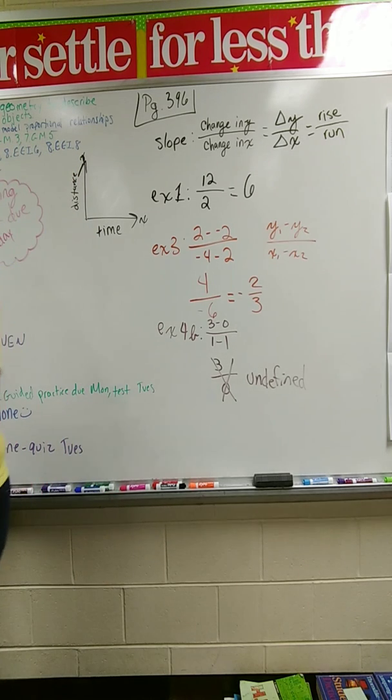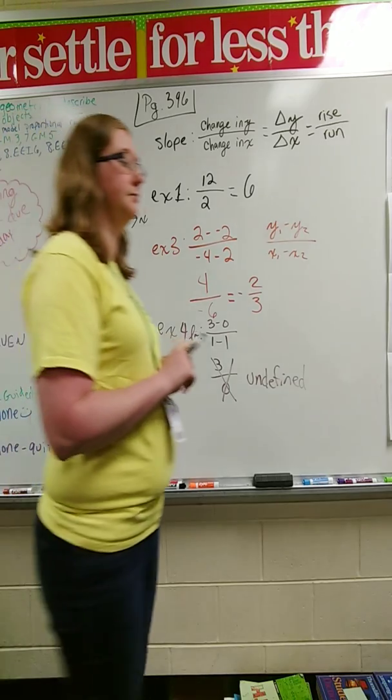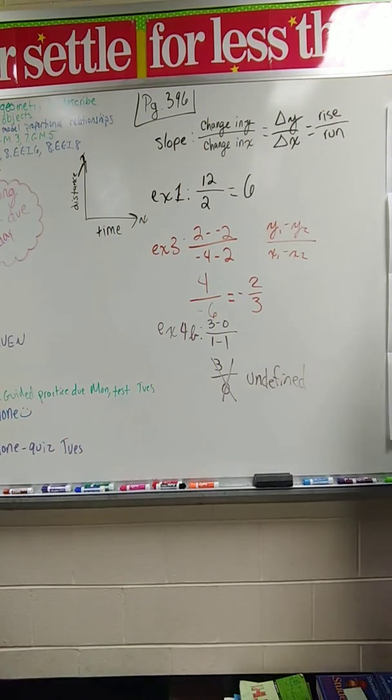Vocabulary, listen. That means that the slope is undefined. Having something that doesn't exist and having something that is 0 are different. Look at the graphs in example 4.